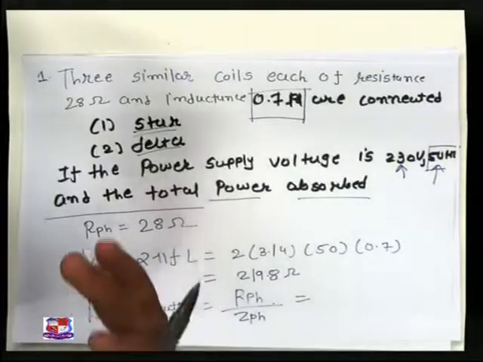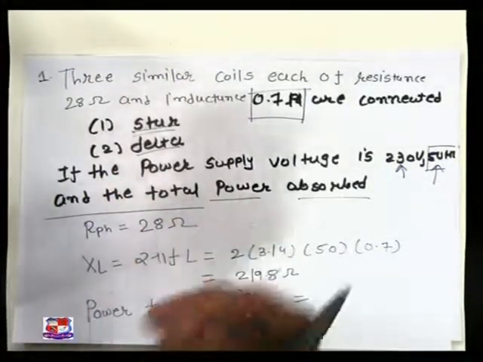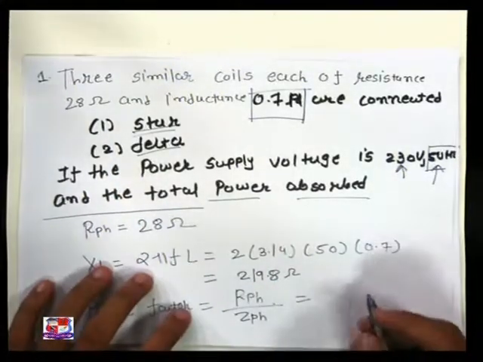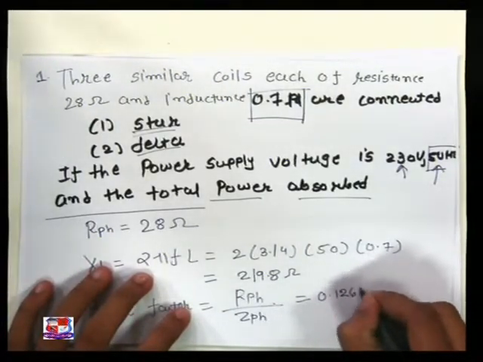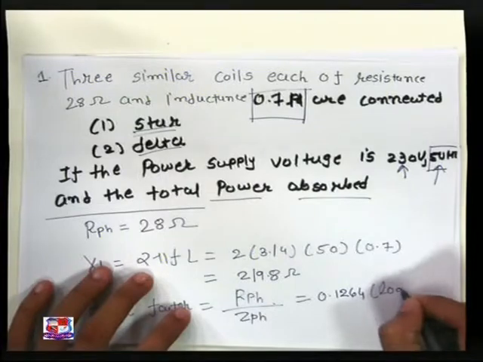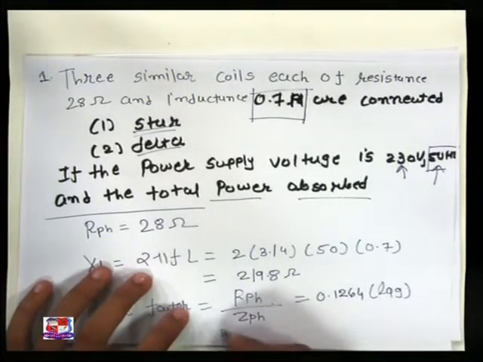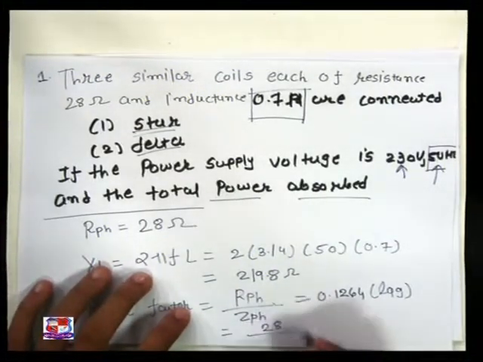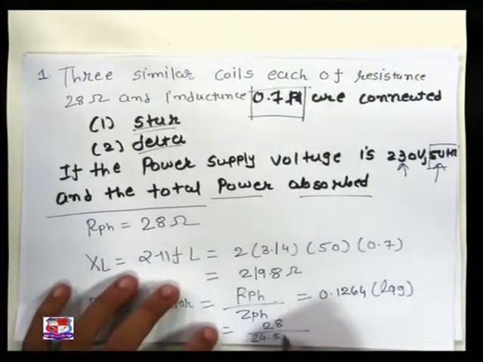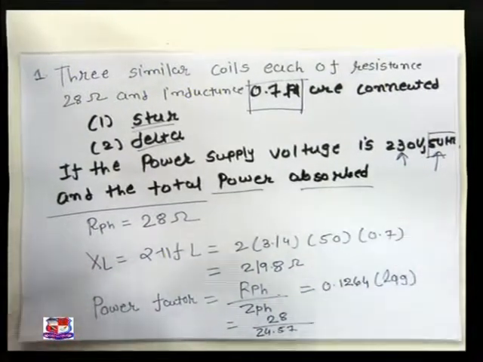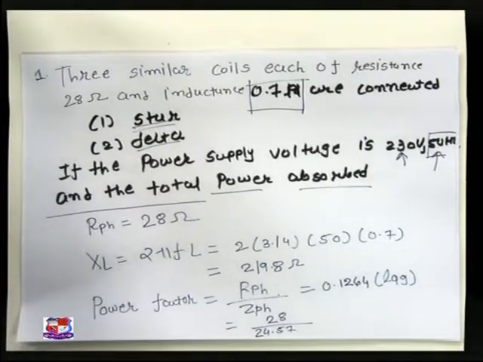All the equations I explained in our last session. So it will be 0.1264 lagging, because we have 28 upon 221.57.